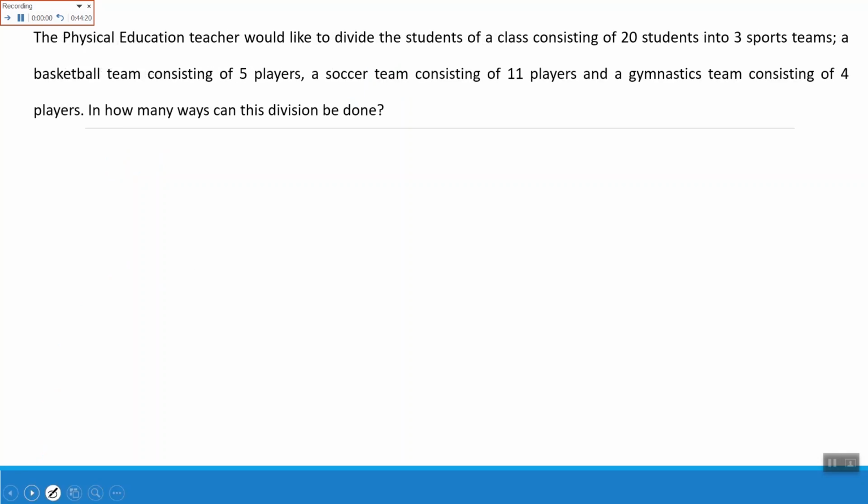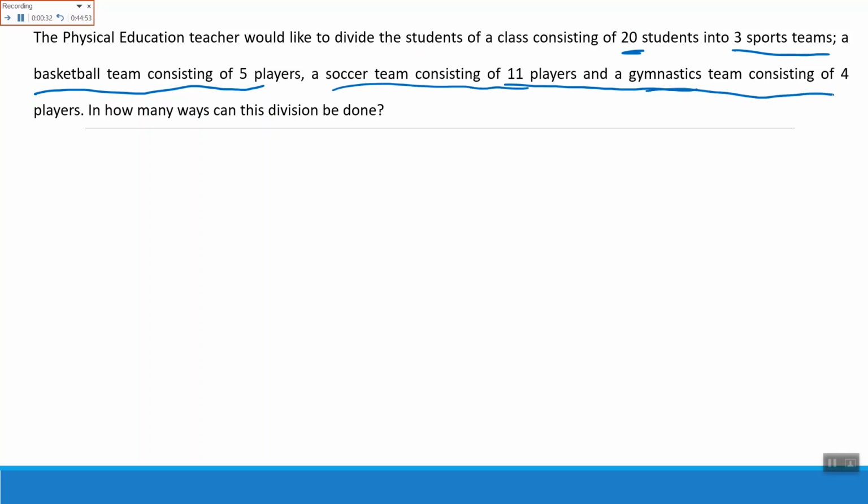Let's look at a question that is similar to the previous one. The physical education teacher would like to divide the students of a class consisting of 20 students into 3 sports teams. He wants 5 players in basketball, 11 in soccer, and 4 in gymnastics.